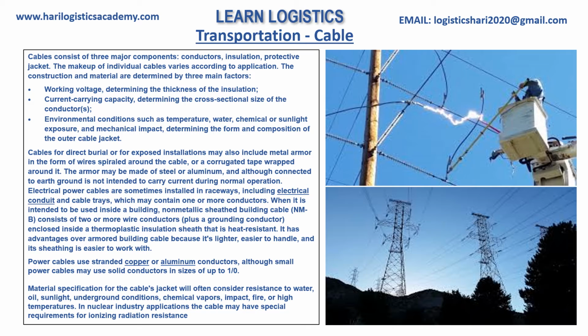Material specification for the cable's jacket will often consider resistance to water, oil, sunlight, underground conditions, chemical vapors, impact, fire or high temperature. In nuclear industry applications, the cable may have special requirements for ionizing radiation resistance.